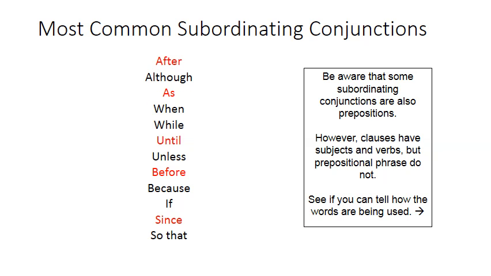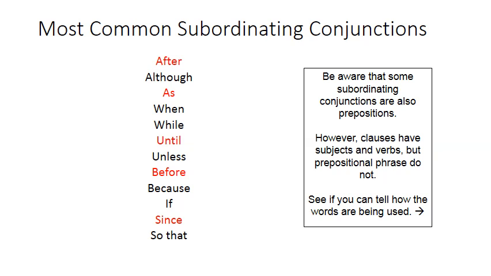So, if you remember, in that list of clauses, there were certain words that caused a clause to become dependent, and those are the subordinating conjunctions. Here is the list of the most common subordinating conjunctions, and this is why we call them the AWUBIS. It is: after, although, as, when, while, until, unless, before, because, if, since, and so that.